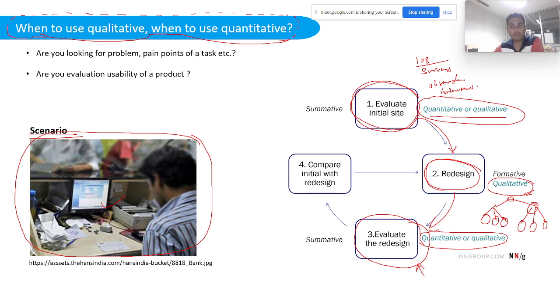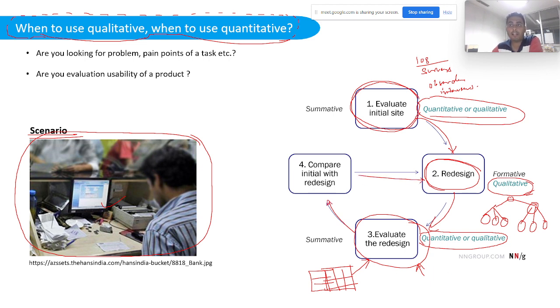Again, you can go for a quantitative approach, where you will have a set of predefined metrics, and then you do a usability study to see how users perform in this particular redesign. You compare, then again you go for redesign.